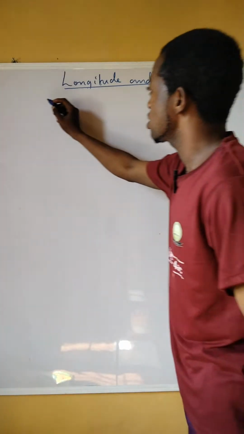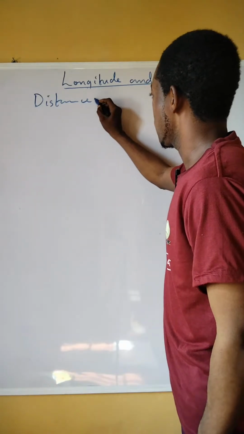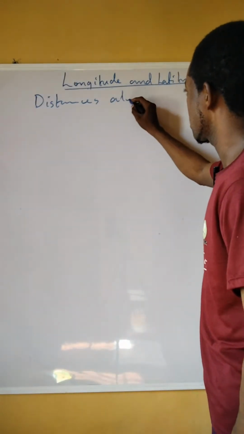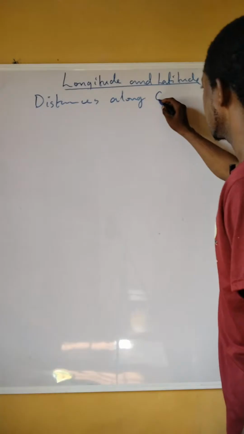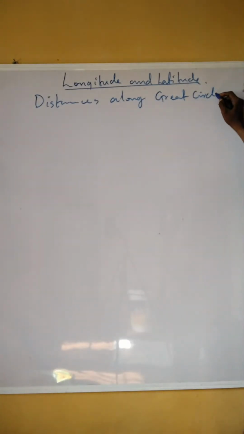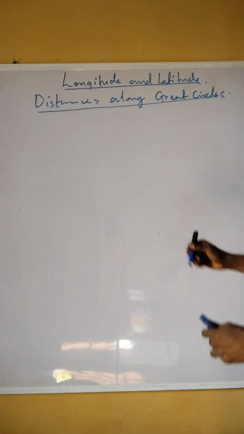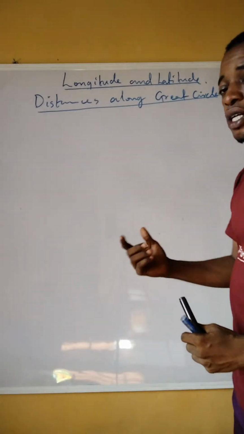That is called distance along great circles. So the word great circles simply means longitude and the equator.